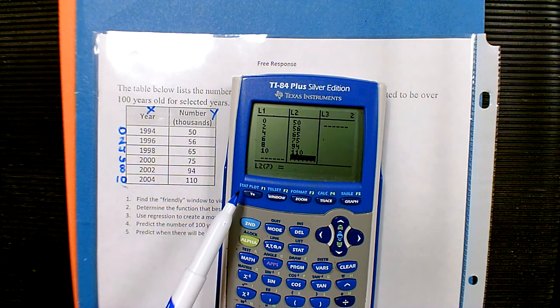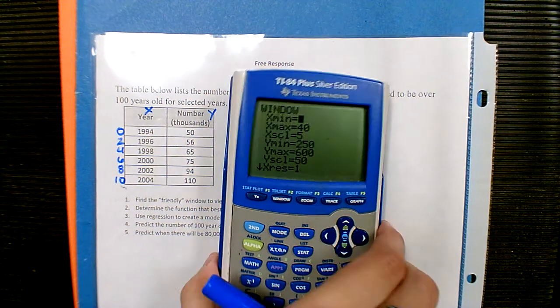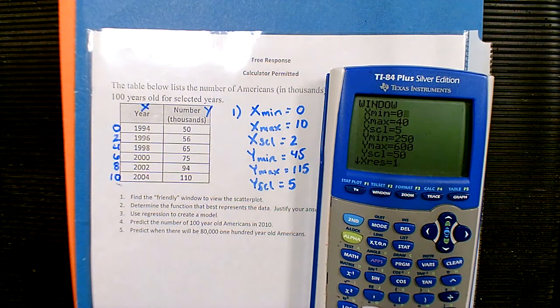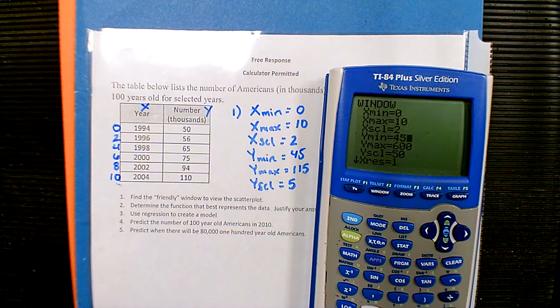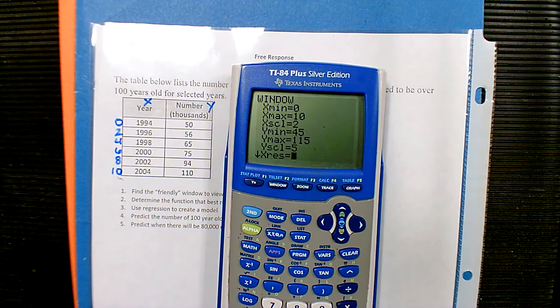Now we already know the stat plot is on because we used that in the last example. Let's go ahead and change the window. That way we can see these data points appropriately, and we already figured out what that would be. All right. So go ahead and hit graph.